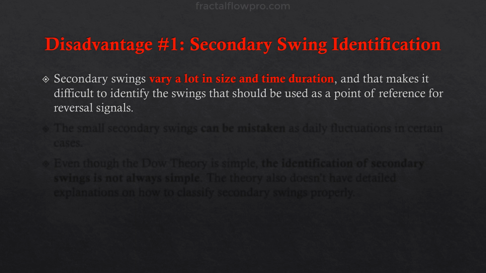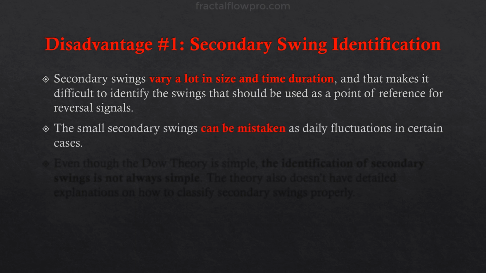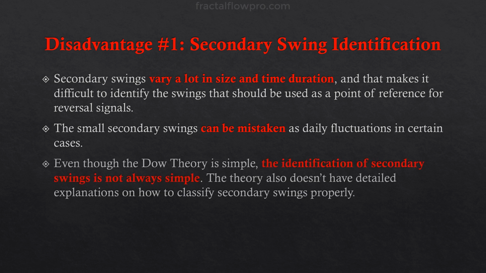There are secondary swings that are quite small, and they could almost be mistaken for daily fluctuations. Other secondary swings, on the other hand, are quite large. Even though the Dow theory is simple, identifying the correct secondary swing highs and lows for the reversal signal involves quite a bit of discretion, and the theory doesn't expand on how the trader should approach this type of discretion in great detail.